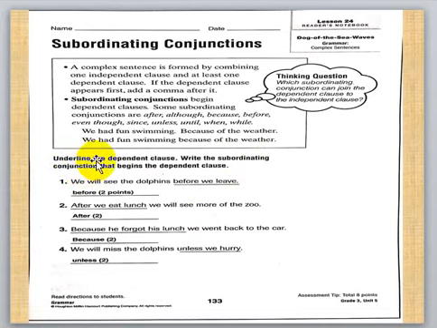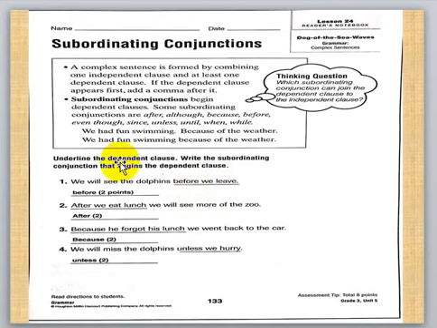But here he underlines the dependent clause. How can I know where exactly the dependent clause is? The dependent clause is after the conjunction. Where is the conjunction here? Yes, before. But where is the dependent clause? After before: we leave.